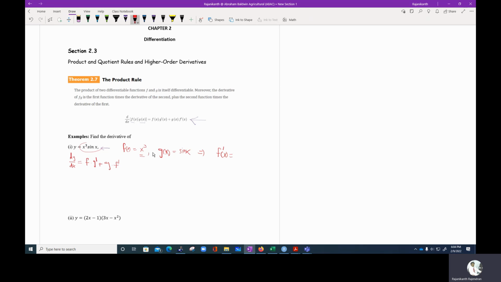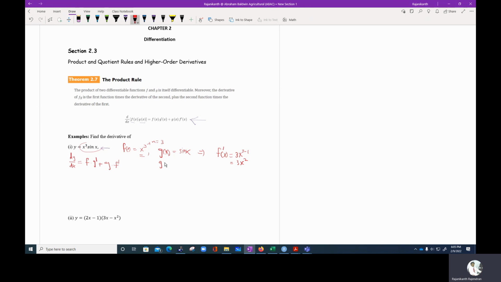Remember last time we went through the power rule for the derivative. So the derivative of x cubed is going to be 3x^(3-1), where n is 3 now. Using the power rule, this is going to be 3x squared. So that is the derivative of f.